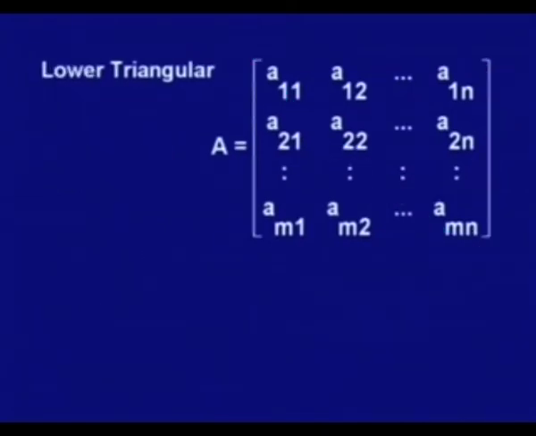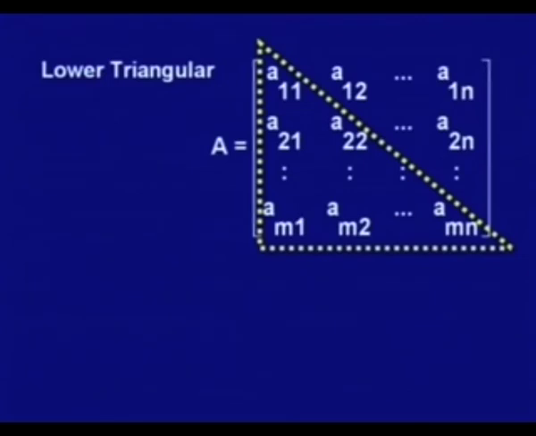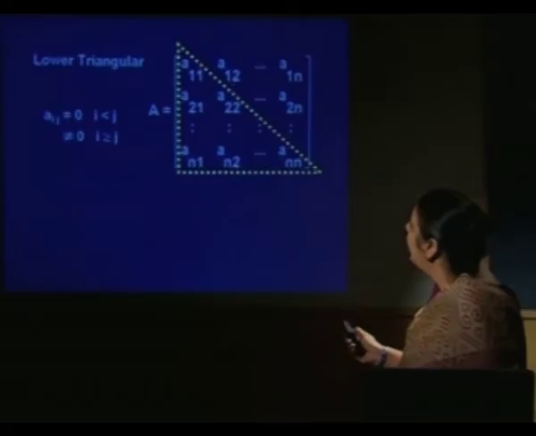Similarly, one can define a lower triangular matrix. If in the square matrix A the non-zero elements appear in this triangular box only and outside of it all the elements are 0, then that matrix is called a lower triangular matrix. By this I mean to say that Aij is 0 whenever i is less than j. You can notice that these are the elements which have to be 0, for them i is less than j: 1 is less than 2, 1 is less than n.